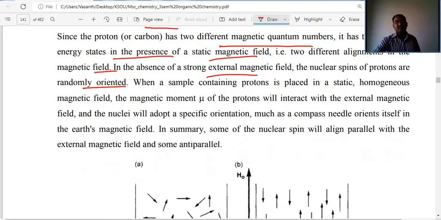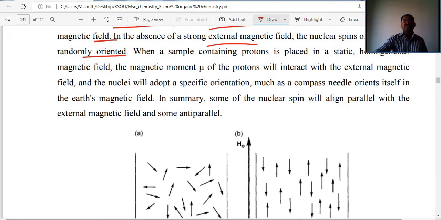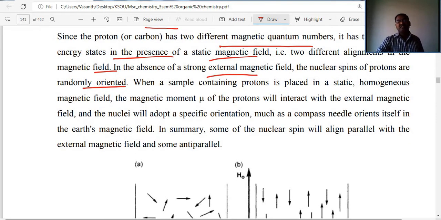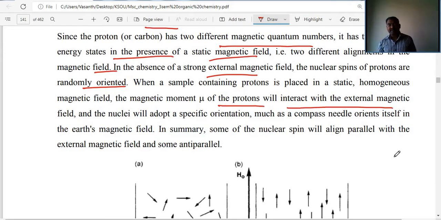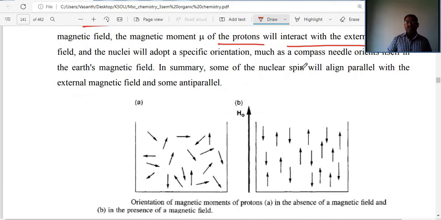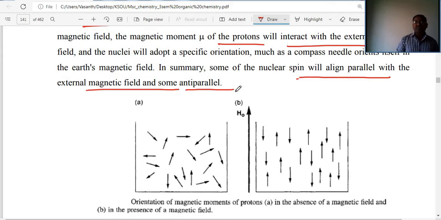When a sample containing protons is placed in a static homogeneous magnetic field, the magnetic moment mu of protons will interact with the external magnetic field and the nuclei will adopt a specific orientation. Here, the nuclear spins will align parallel with the external magnetic field and some anti-parallel.